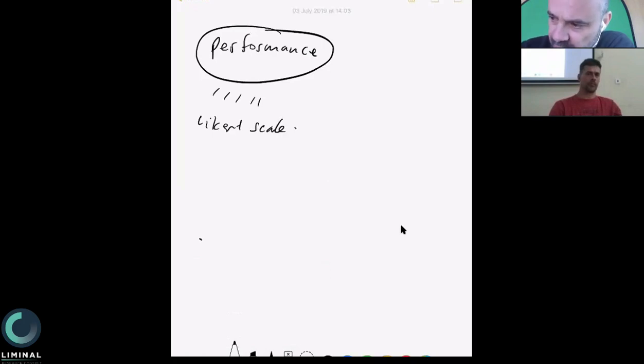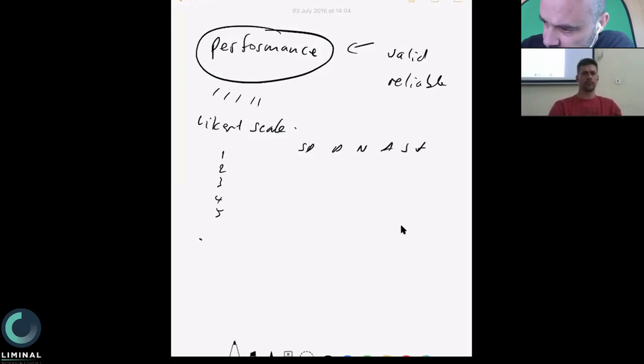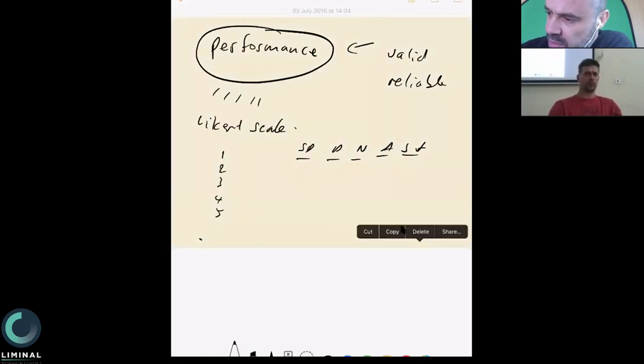We know that performance is valid and reliable, so we'll calculate the score here. Say this was 5 questions, 1, 2, 3, 4, 5. This is strongly disagree, disagree, neutral, agree, strongly agree. I'm answering this now and I feel the performance is very good, agree, like that.